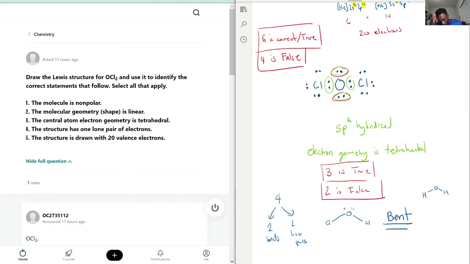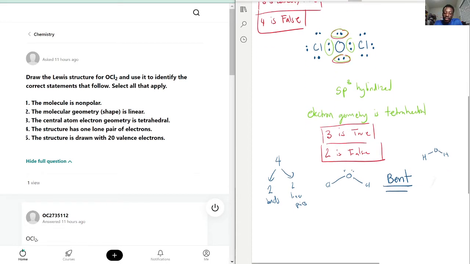Now, the last question is asking is that the molecule is nonpolar. So, had it been linear, okay, the chlorines would be equally pulled on each side. It would make for a nonpolar molecule. But because it's bent, the actual lone pairs itself has its own type of pull it can exert on the molecule. So because of that, this is no longer an even distribution. Okay, the forces don't cancel out.